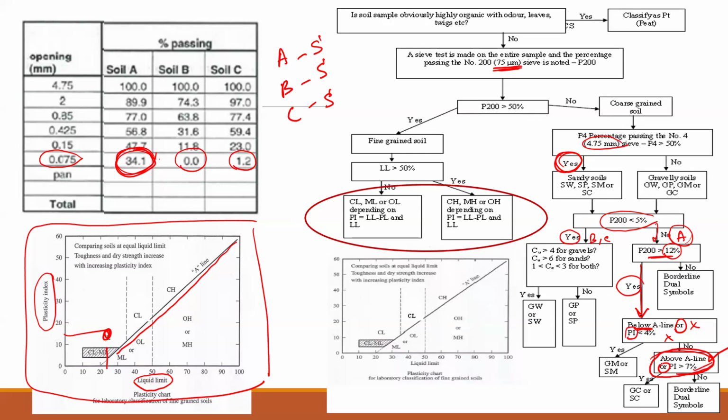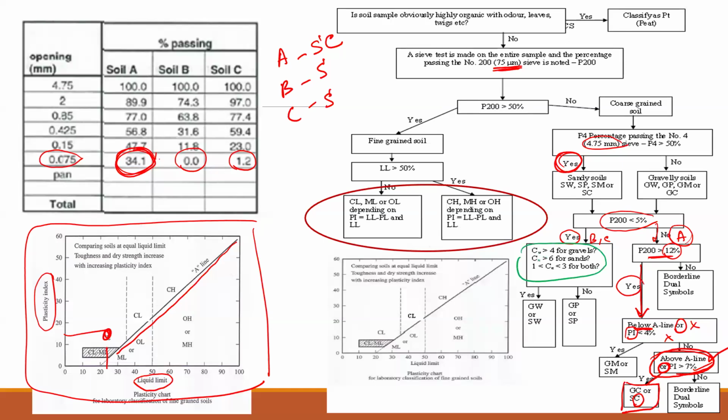Both are satisfied. So the second letter for our soil is C. So that will be SC. Are we good? Okay, now for B and C, we came to here.